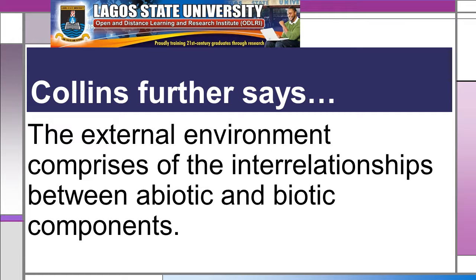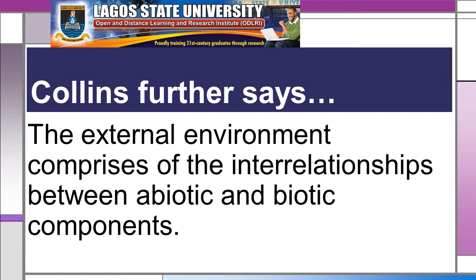The external environment is made up of the interactions or the interrelationships between abiotic and biotic components. So that's a similarity with Barrow. The concept of living and non-living things influencing that particular organism in that environment.